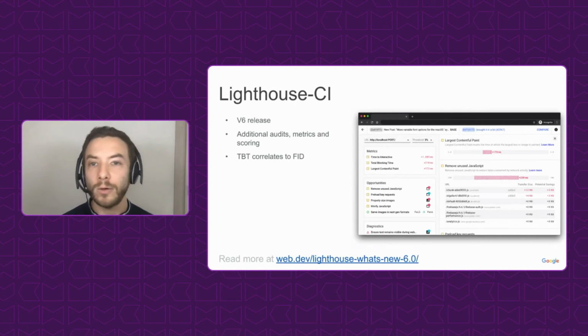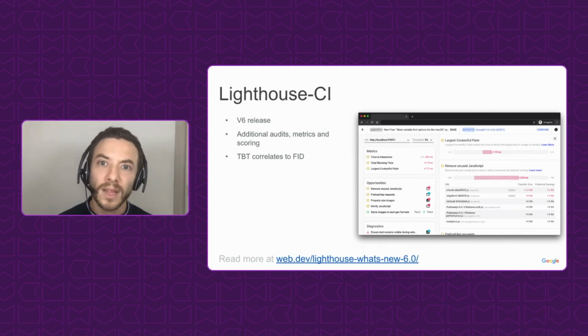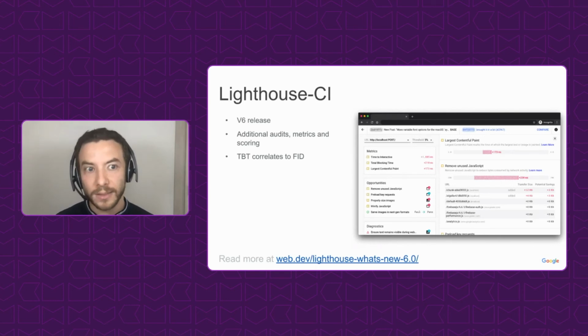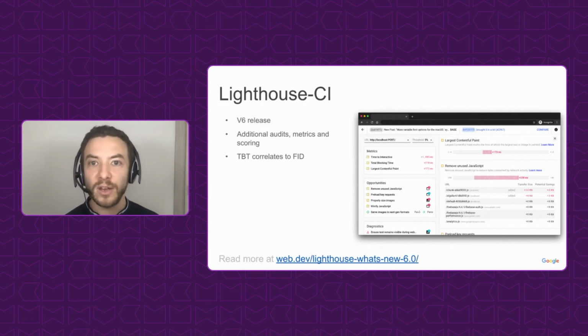Lastly, we also released an update to the Lighthouse CI continuous integration module. This fuels the Lighthouse V6 release, which also includes all the Core Web Vitals metrics, so you can appreciate, even in your local development environment, whether there are early regressions or improvements.